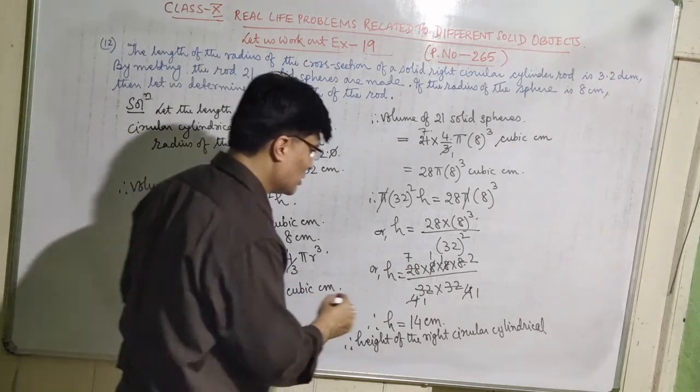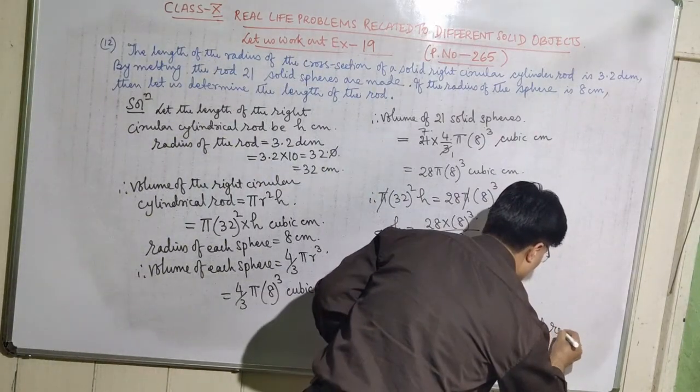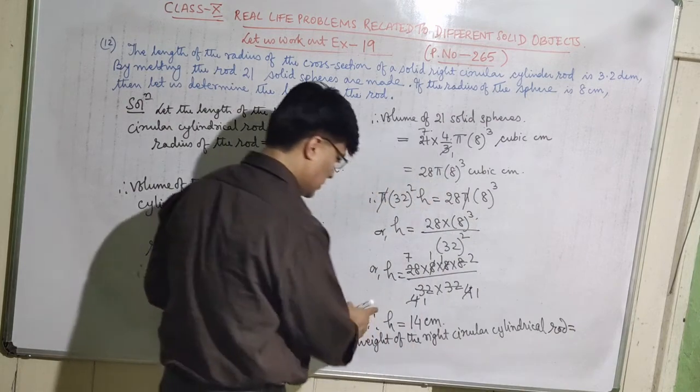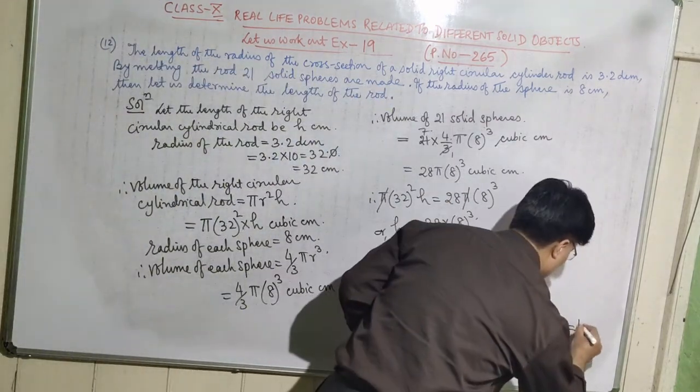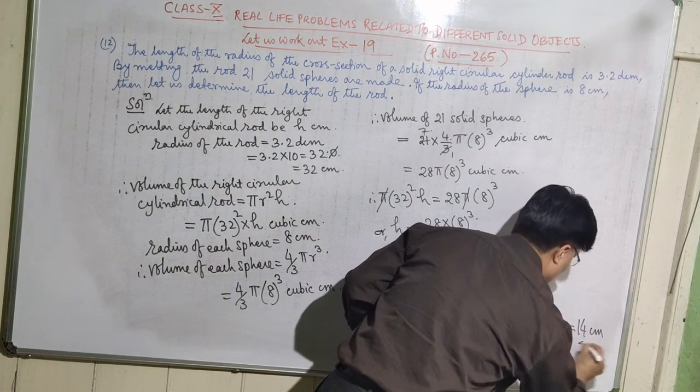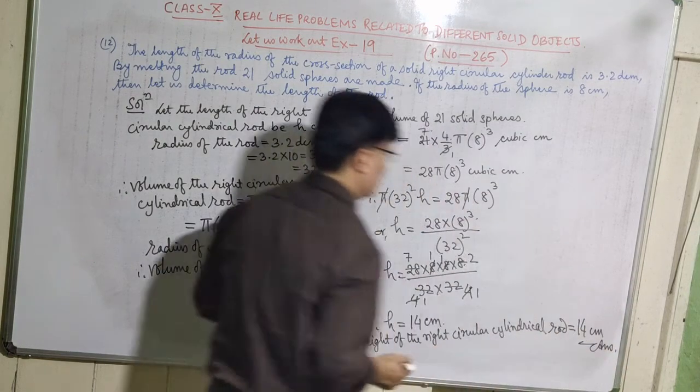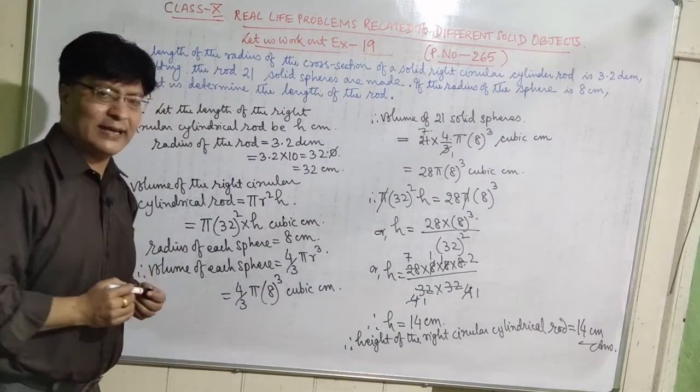So height of the right circular cylindrical rod is equal to, what is the answer? It is 14 centimeter. So that is the final answer.